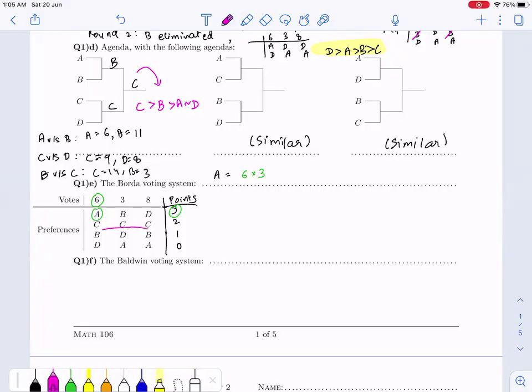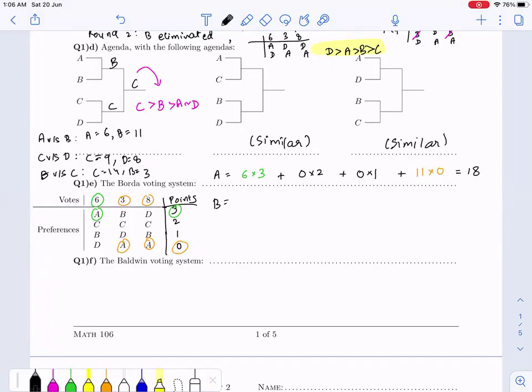Then A does not get any second choice votes, so this is 0 times 2. Then A also does not get any third choice votes, so 0 times 1. And the last one is irrelevant, but A gets 11 votes as their bottom choice, but that has 0 weight, so it doesn't really count. So this is 18 points.